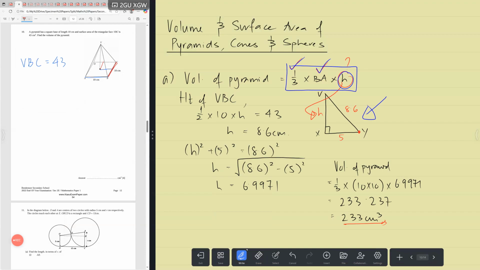But in our case, because it's a square pyramid, it doesn't matter. Both values are the same. In case you have a rectangular pyramid, where this length is 12, this one will be 6. If this length is 10, this distance will be 5. They are no longer the same. That is something that you all need to know.